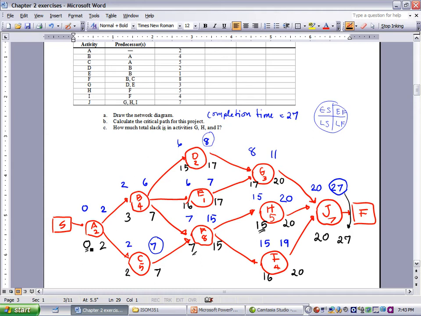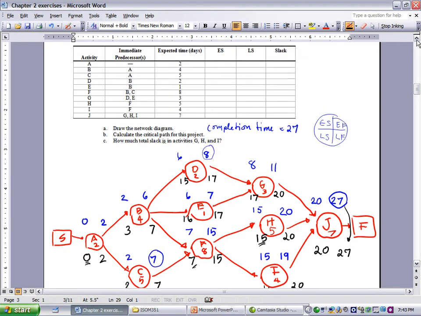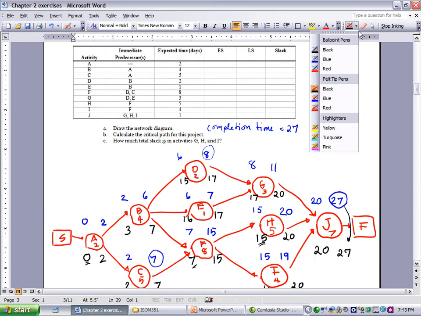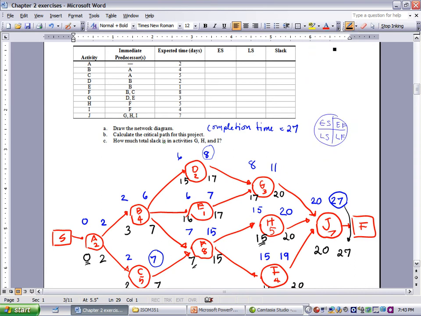Okay, as you can see, the next part, in order to complete, is that we are going to summarize this into a table. So we are going to use maybe a small pen.